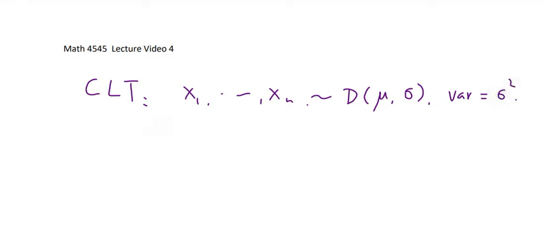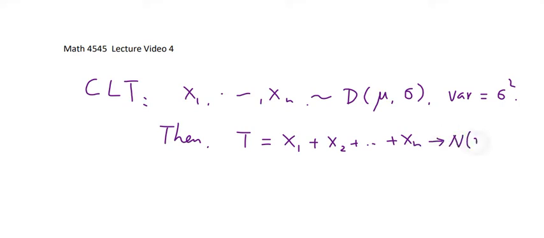Then the total T, which is x1 plus x2 plus ... plus xn, will be close to a normal with mean n mu and variance n sigma squared. For standard deviation, take the square root. So this is essentially the central limit theorem.